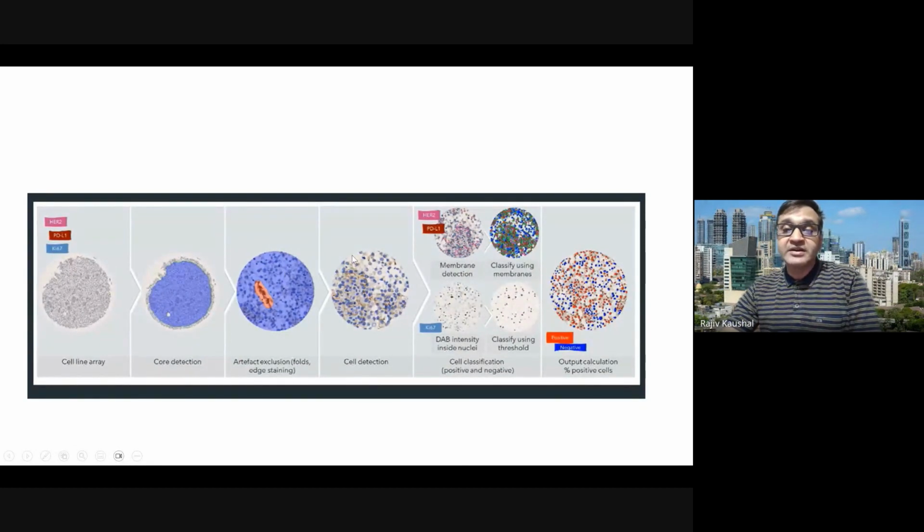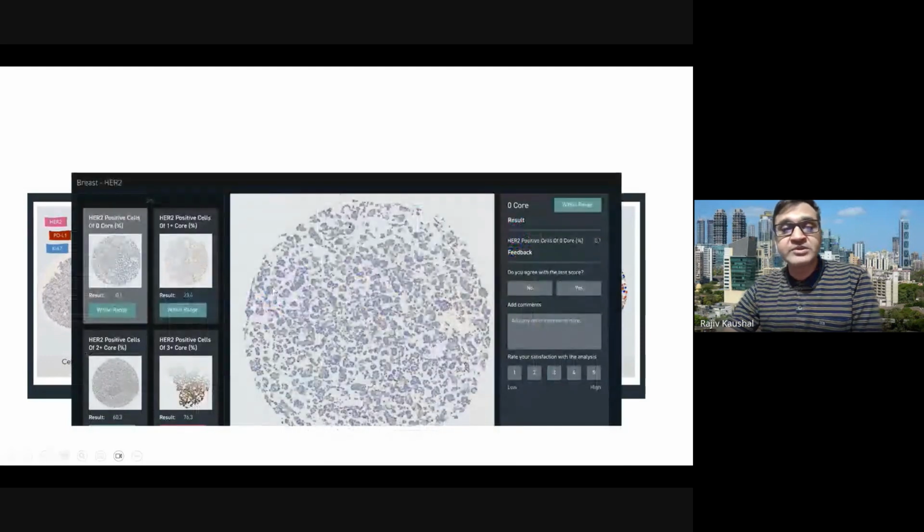Then the intended cells are detected, and depending on the application of the model, whether it is membrane based like for HER2, or nuclear based like for ER and PR, they are tested, and finally the output comes on your screen as the final result, whether it is positive or negative, and if it is positive, what the score is.